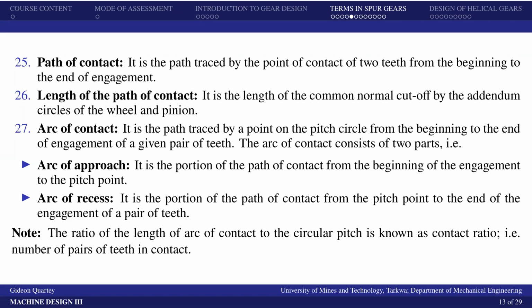The ratio of the length of arc of contact to the circular pitch is known as the contact ratio. So we call that the contact ratio, and that is the number of pairs of teeth in contact at a given point. Okay.